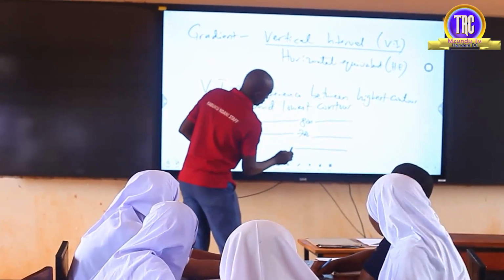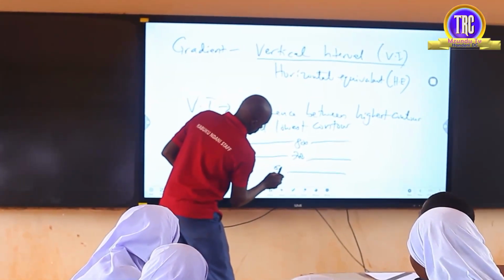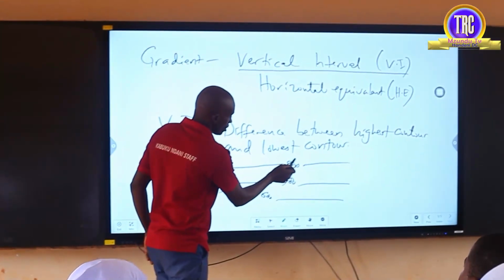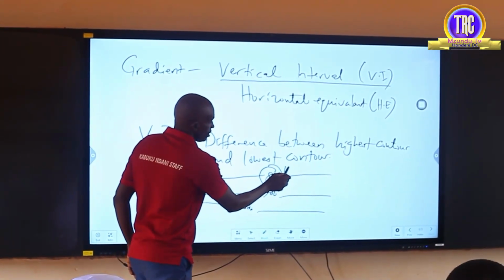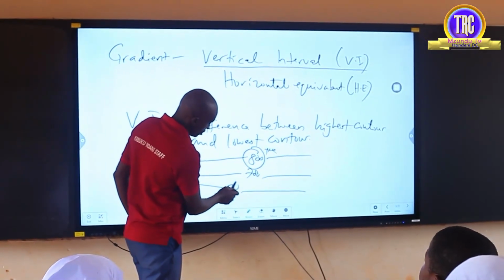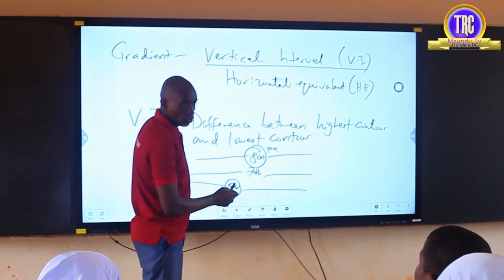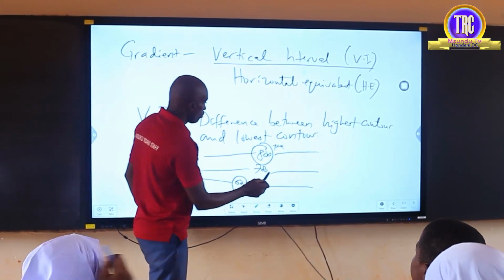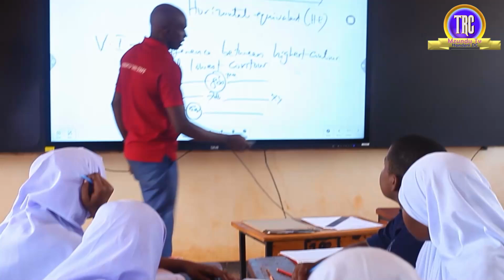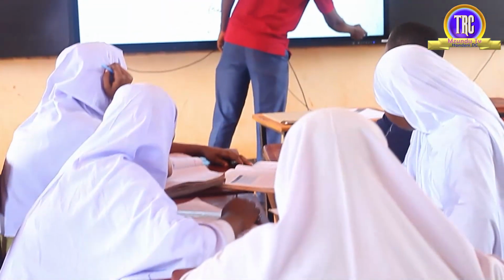This is 600 and so on. So the highest contour is this one, and this one is the lowest contour. Now look at line XY and tell me which is the highest contour.